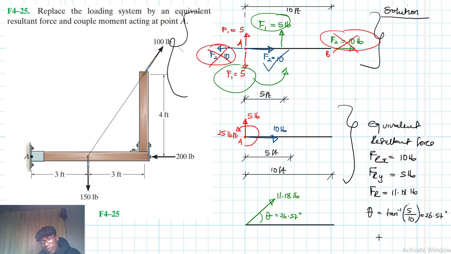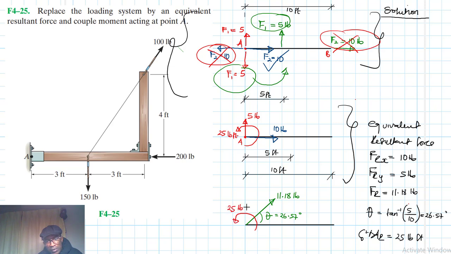And then we have a resultant moment. We have the resultant moment here, which is M resultant, which is equal to a positive value, which is equal to 25 pounds feet, which we can indicate here like this.